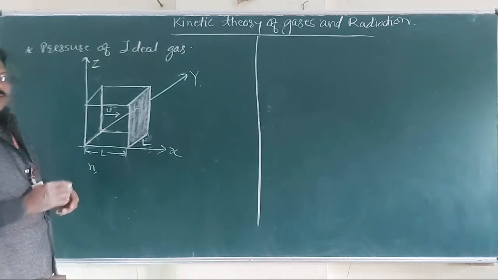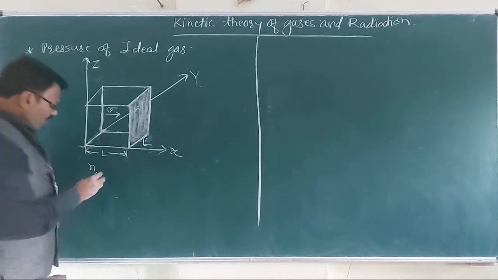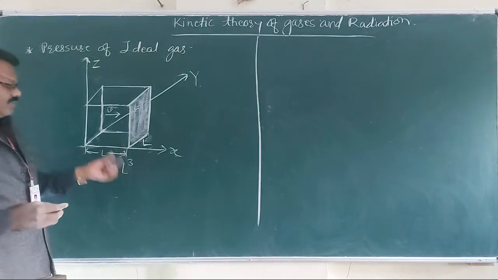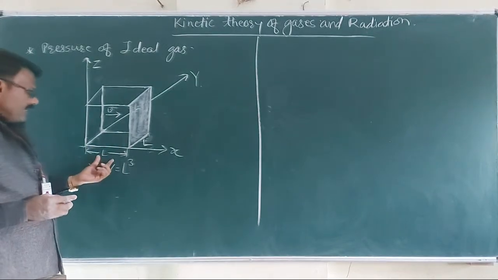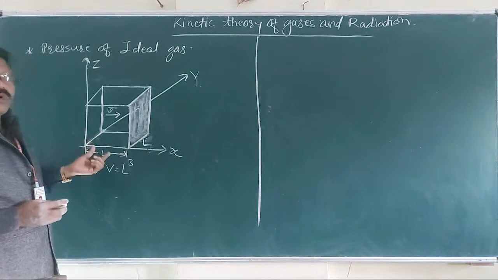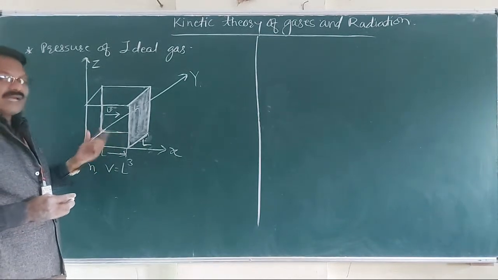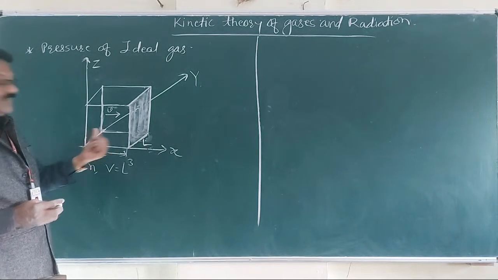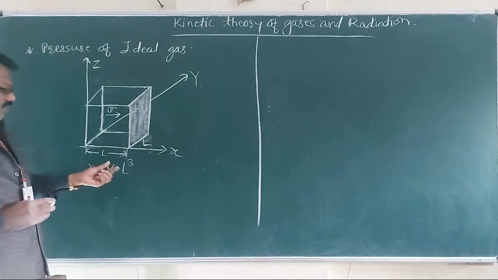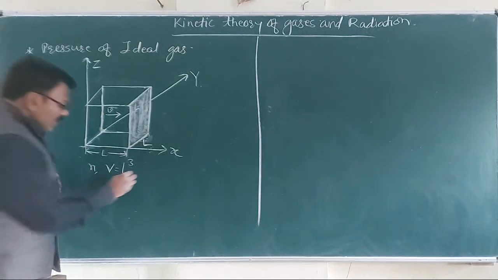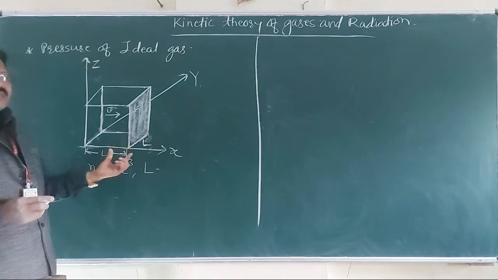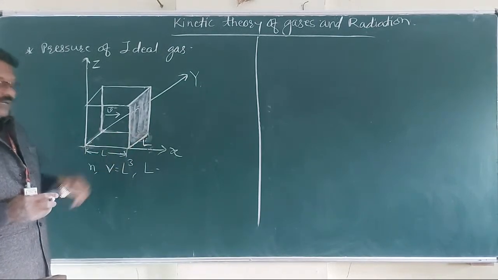Now the volume of this cubical box is V equal to L cube, in which L is the length of each side of this box. Now V is the volume of this cubical box. It is equal to L cube. Now L is the length of each side of this cubical box.